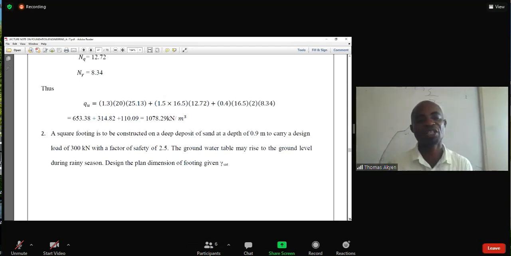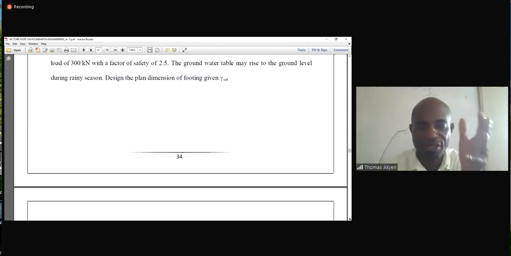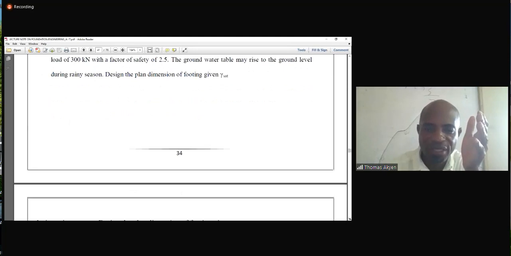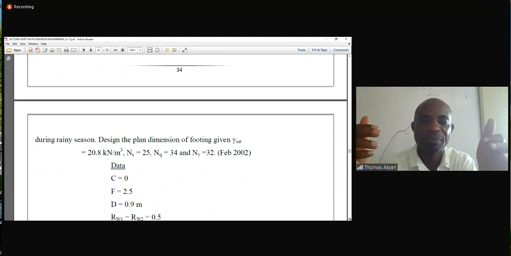Design the plan dimension of footing given lambda sat, that is lambda saturated, during rainy season.